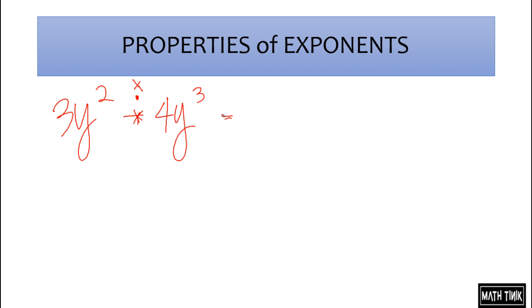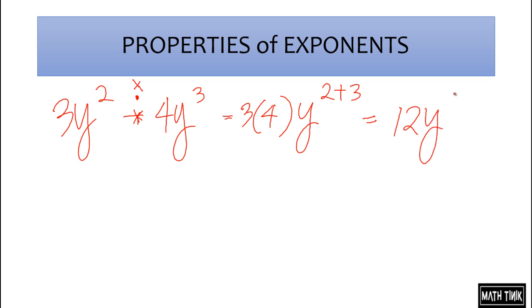So still we have to multiply our coefficients, and therefore that's 3 times 4. And we have the base y. Of course, if different ang base, the product rule hindi ma-apply dyan. So we have the same base, and therefore the product rule applies. Tapos 2 plus 3. Therefore it will give us 3 times 4, that's 12y raised to 5.